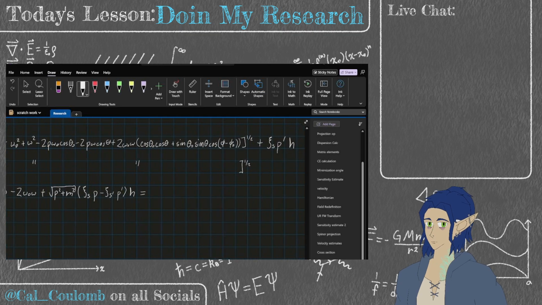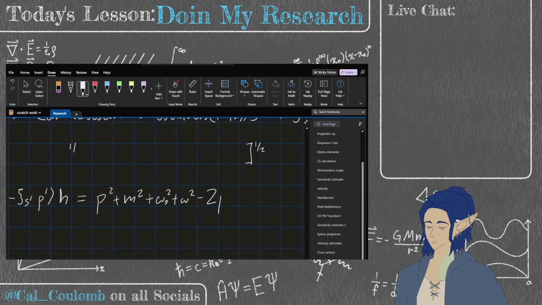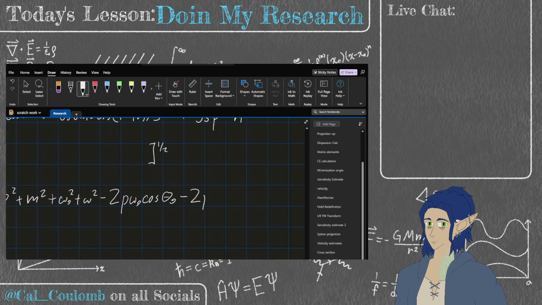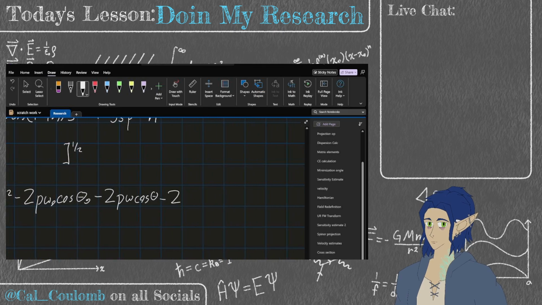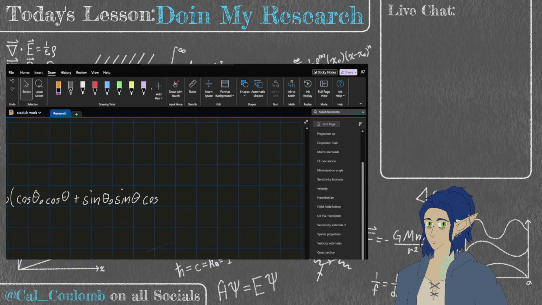And this is going to be equal to this expression here. So we have p squared plus m squared plus omega naught squared plus omega squared minus 2p omega naught cosine theta naught minus 2p omega cosine theta minus 2 omega naught omega cosine theta naught cosine theta plus sine theta naught sine theta cosine phi minus phi naught.